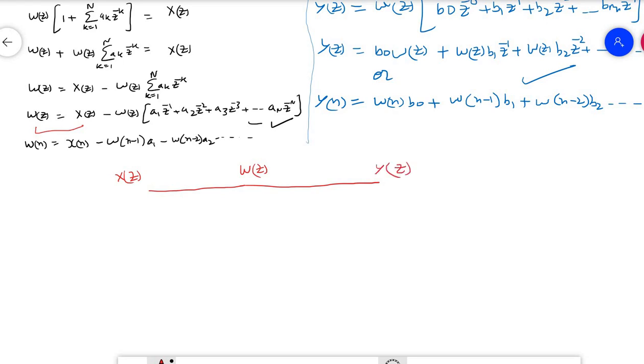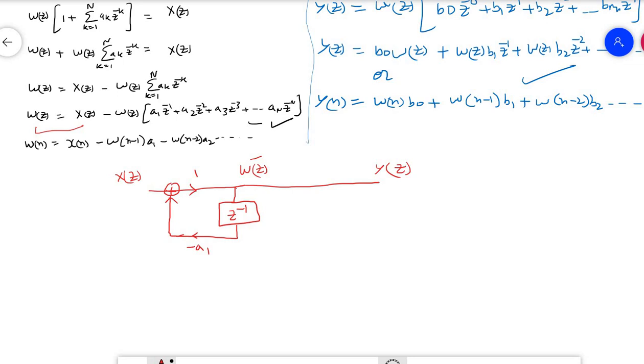Now W(z) is equal to X(z) minus a1 z^-1 W(z). Z^-1 with the W(z) is in the form of feedback with minus a1, and this is addition with X(z), so place an adder here, and this is equal to your W(z).